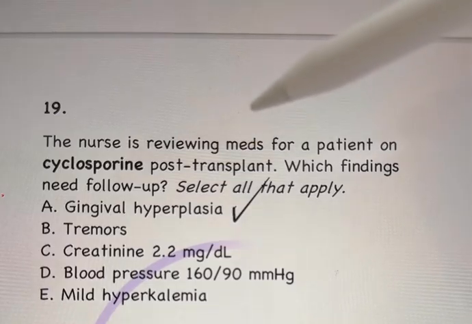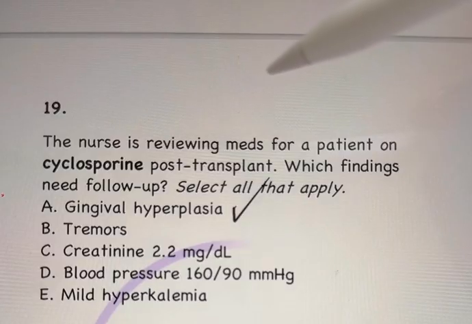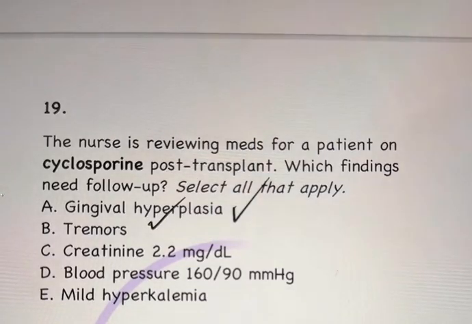Can we see tremors? Yes, we see tremor. Anybody, why do we see tremors? That's okay.